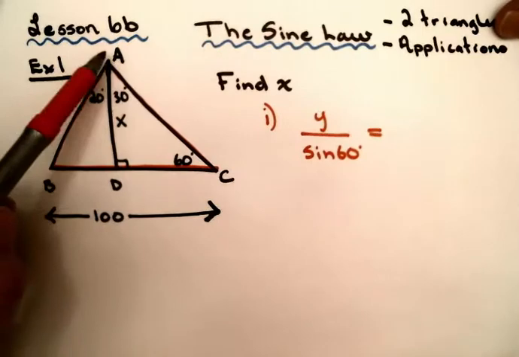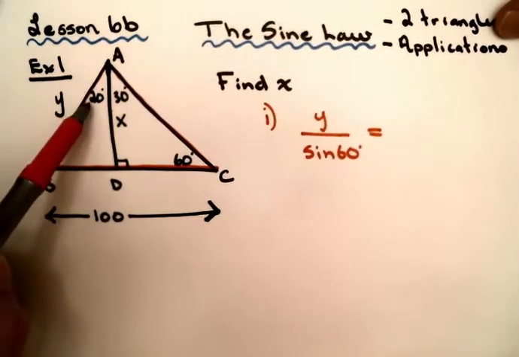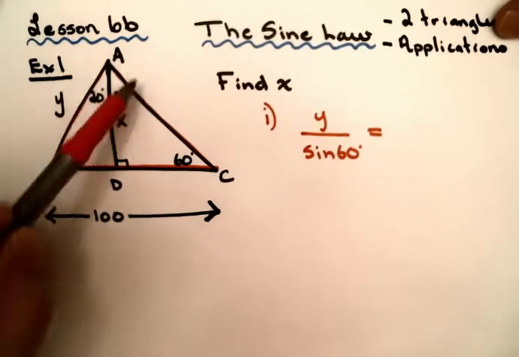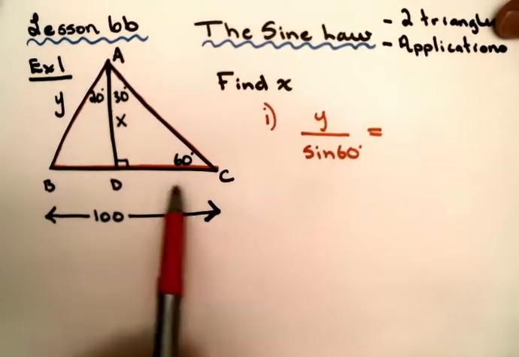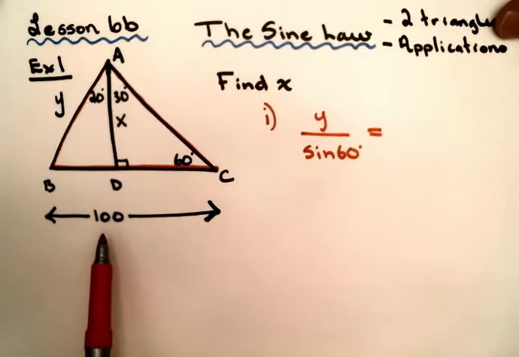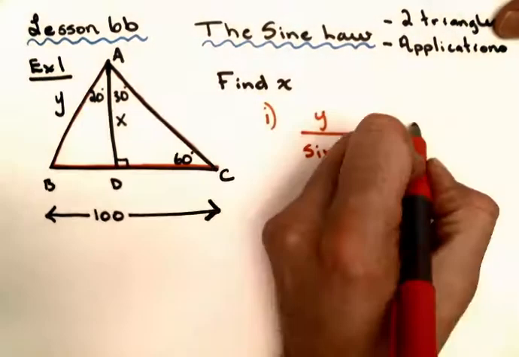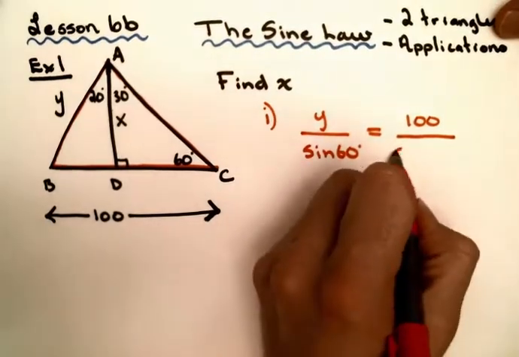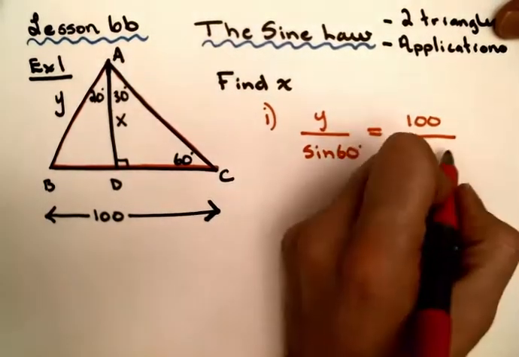And we do know angle A. It's actually the sum of those two. Angle A is 50 degrees. And we actually know little side A, again looking at the orange triangle, it would be 100. So we can go with that. So 100 would go up here, and it's the sine of 50 degrees.